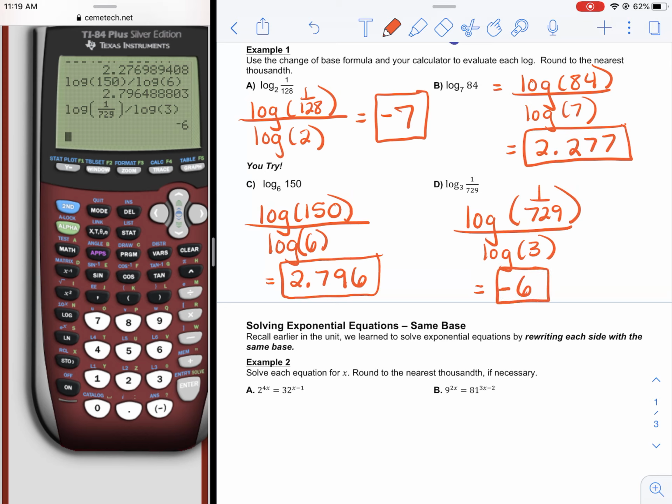Okay, so if you got 2.796 and -6, then you're in good shape. So that's called the change of base formula.